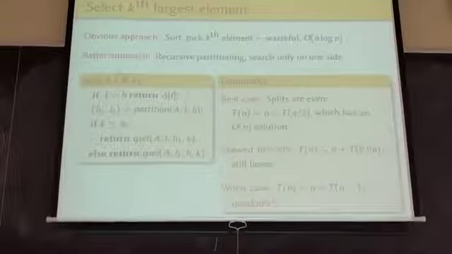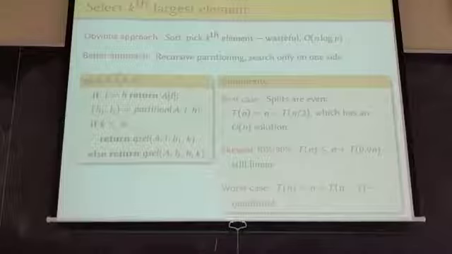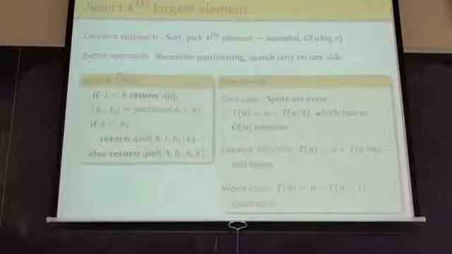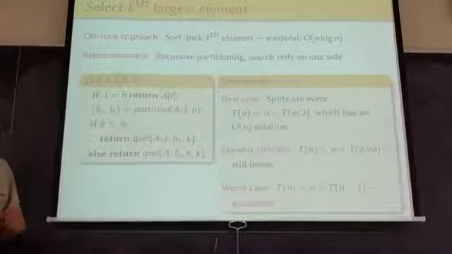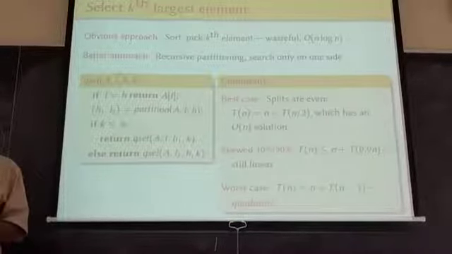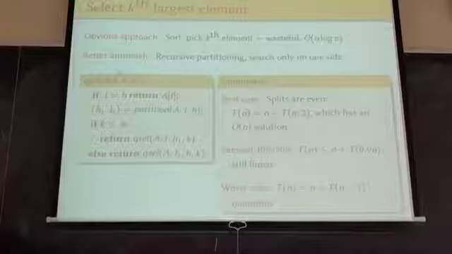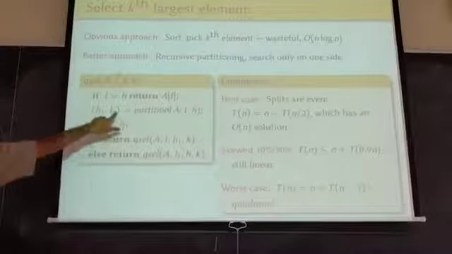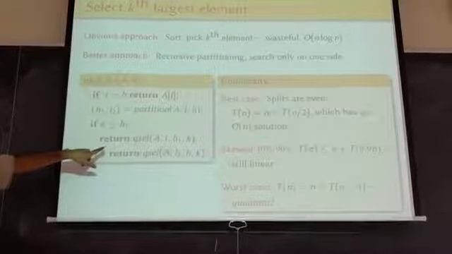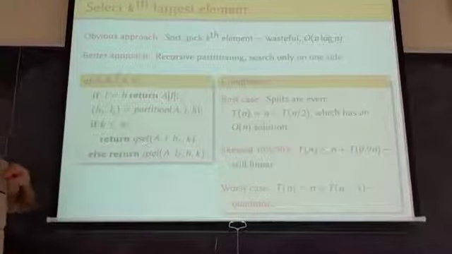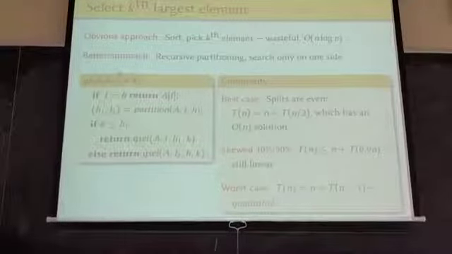And the simplest approach is to use the quicksort algorithm, except that you don't sort both sides. You only call yourself recursively on the side in which the kth element is residing. So if k is less than the partition point, then you call quick select on the left half.